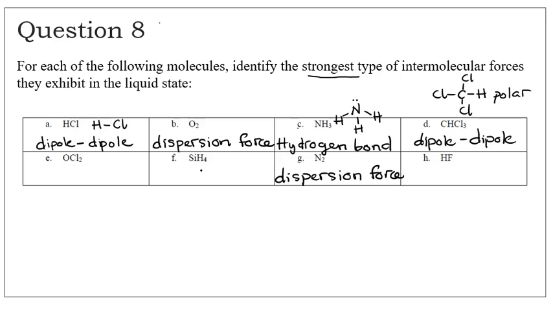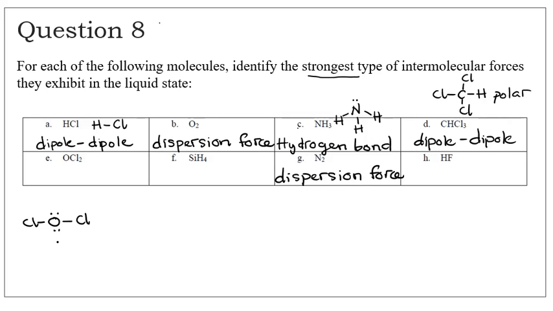Okay, OCl2. So once again, it is a very good idea to draw the structure out, or some sort of the structure. You do want to be able to tell what the shape is. There is a difference in electronegativity between chlorine and oxygen. So you definitely have polar bonds here. And if you think about what the shape is, this is a terrible drawing, but because oxygen has two lone pairs of electrons, the electron geometry will be tetrahedral and the molecular geometry is actually V-shaped.